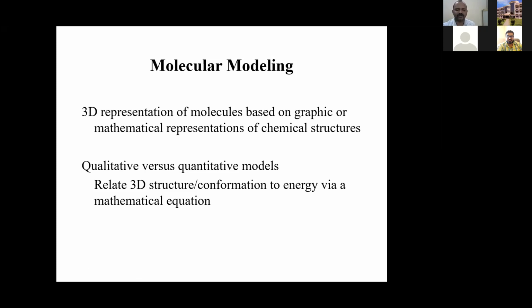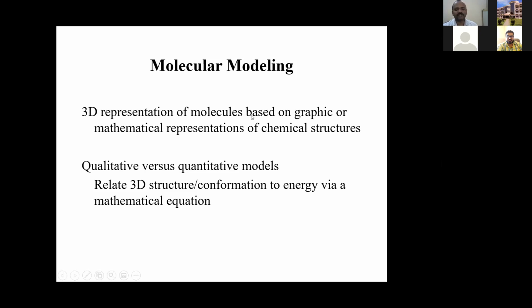So we build stereo models like this and try to understand how these molecules exist in nature. This is not the actual size and shape, it is bigger, but this is how it exists. So what is meant by molecular modeling?